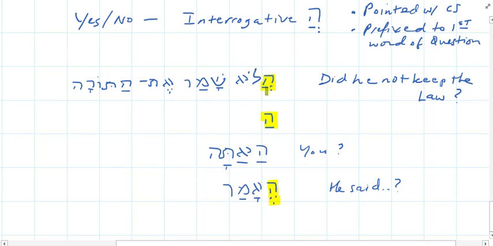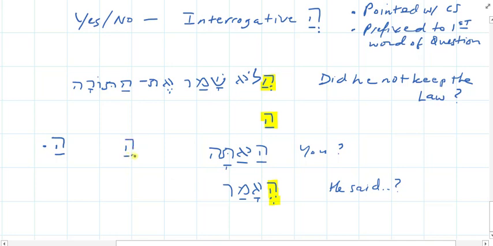Now, what's my problem here? My problem here is that this does look a lot like the article, doesn't it? Articles get prefixed to the beginning of words. How will I know whether I'm looking at the article versus the interrogative hey? Well, the article is pointed how? That's right. Patach, doubling dot, right?